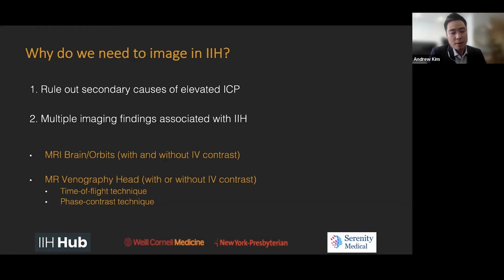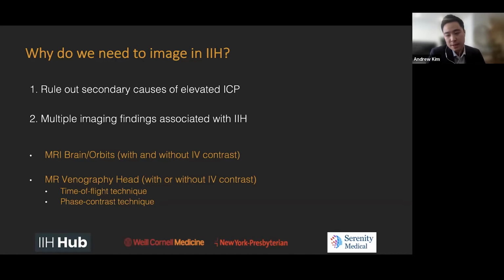And the second type of study you want to get is an MR venography of the head, and this can be with or without IV contrast. Just to clarify for any of the physicians that are not as familiar with MR venograms, you can assess the major dural venous sinuses without IV contrast. We have certain techniques, time of flight technique, phase contrast technique, where you can create contrast between flowing blood and stationary tissues, taking advantage of differences in the magnitude and phase of magnetization.